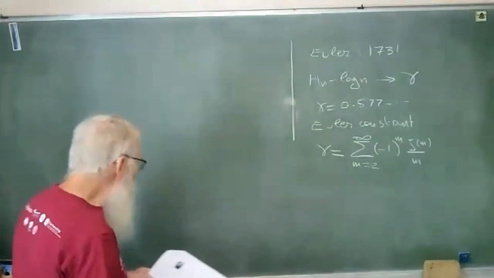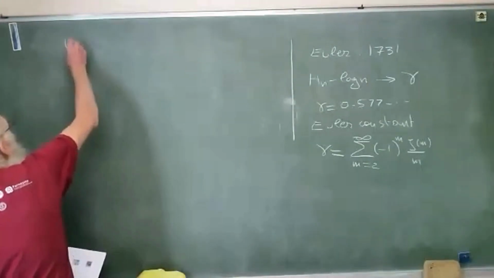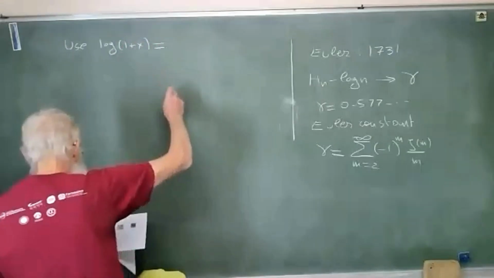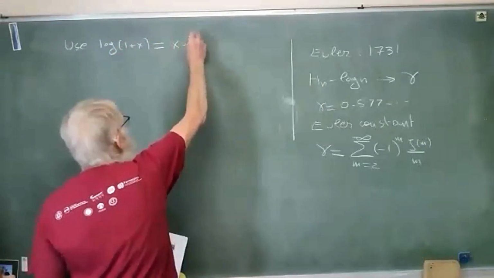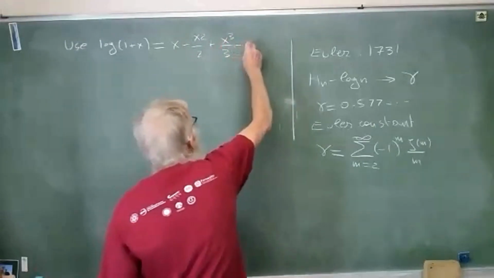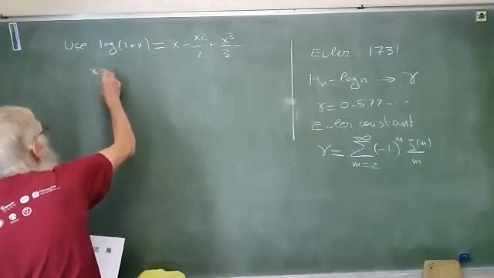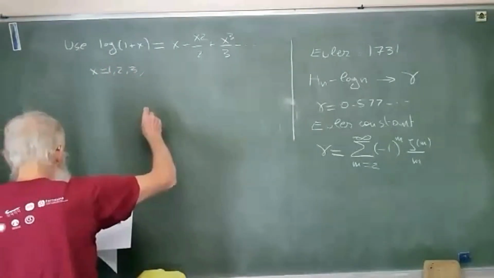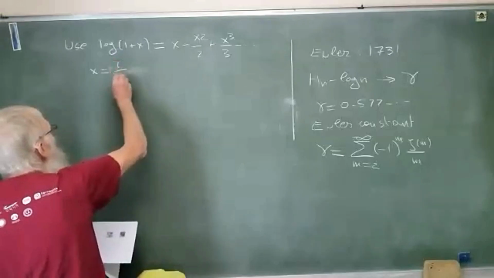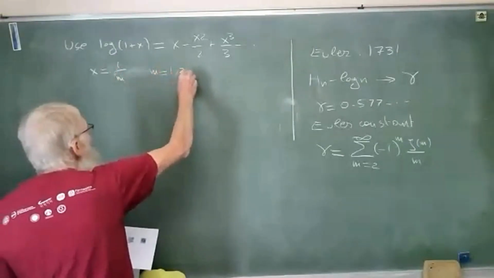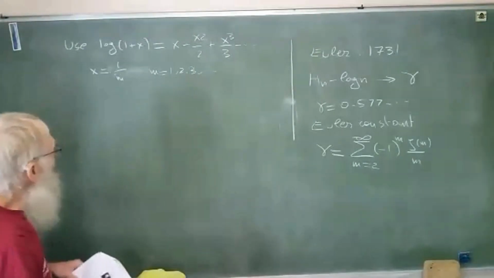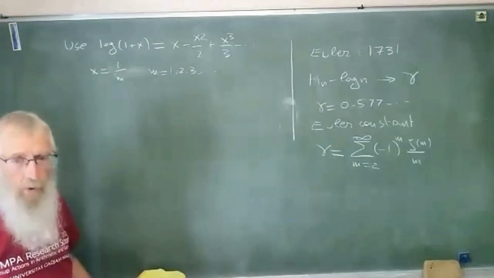And so he wrote the expansion of logarithm of 1 plus x, which is x minus x squared over 2 plus x cubed over 3, for x equal 1 over m, and m equal 1, 2, 3. We need that x is less than 1. We allow x equal 1 because we know the expansion of log 2.